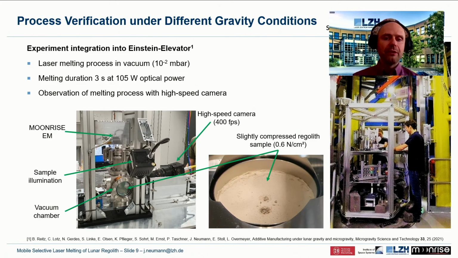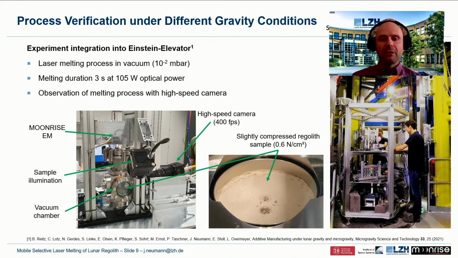We have a sample illumination and a high-speed camera operating at 400 frames per second to observe the process. The laser melting duration has to be decreased a little bit because of the only 4 seconds experiment duration, and therefore we increased the optical power a little bit, which is doable with the engineering model.